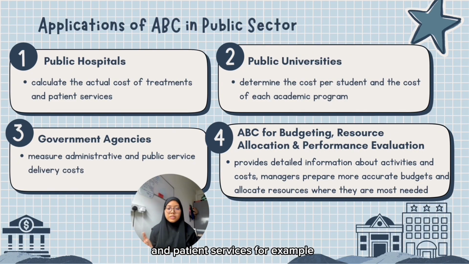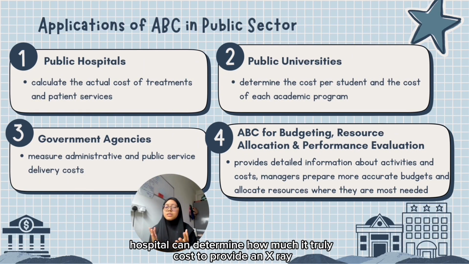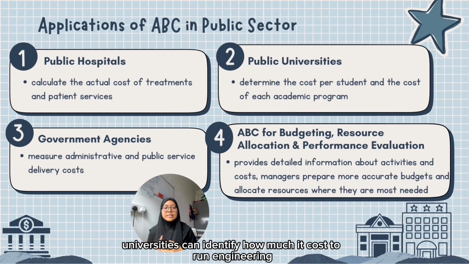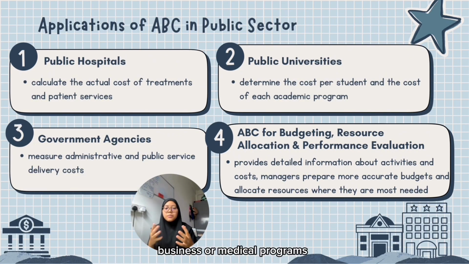For example, instead of estimating costs, a hospital can determine how much it truly costs to provide an X-ray or outpatient consultation. Second, ABC is useful in public universities. It helps determine the cost per student and the cost of each academic program. For example, universities can identify how much it costs to run engineering, business, or medical programs.